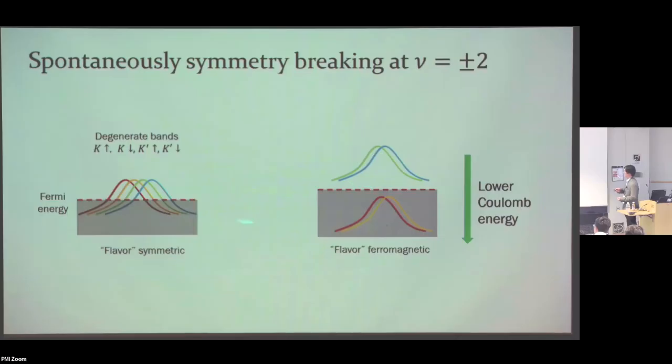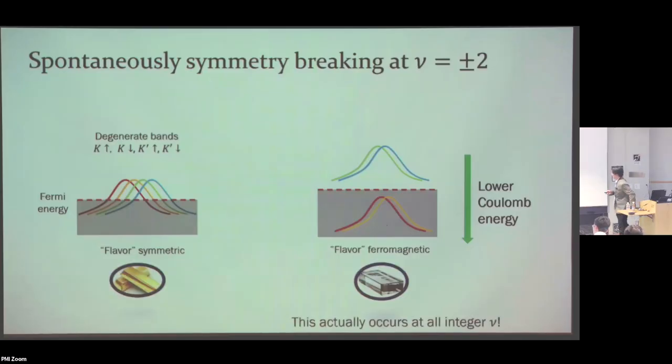This state would have a lower energy than the original flavor-symmetric state if there is strong enough Coulomb interaction. Okay? And actually, this doesn't happen only at a filling of nu equals 2, which is 2 electrons or 2 holes per unit cell. It can happen at all integer nu, as long as the Coulomb interaction is strong enough.